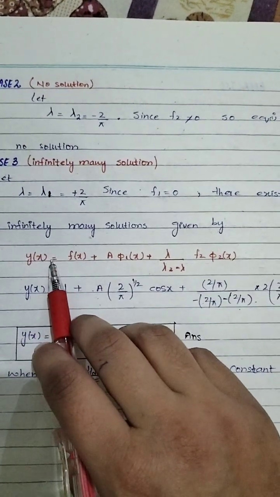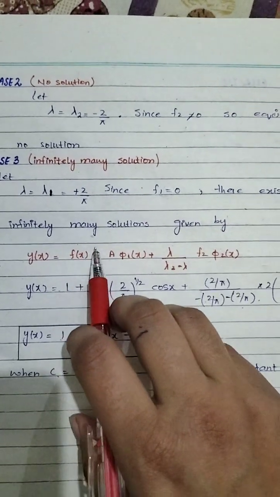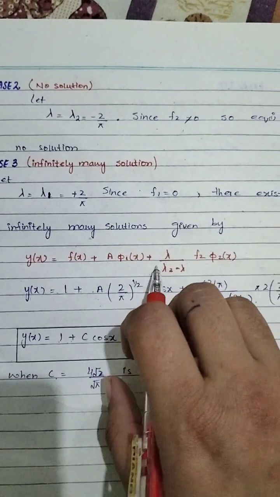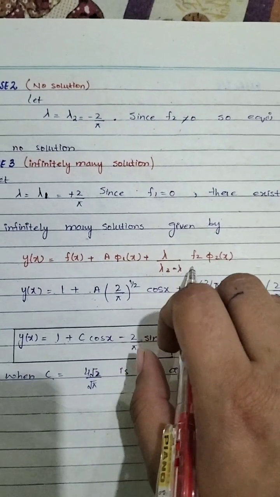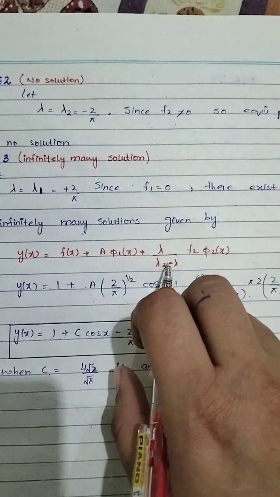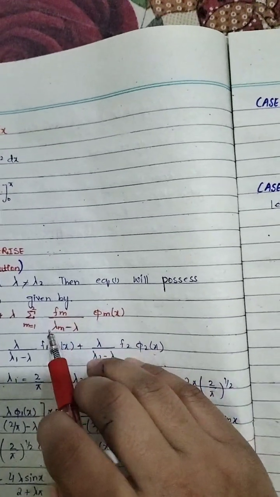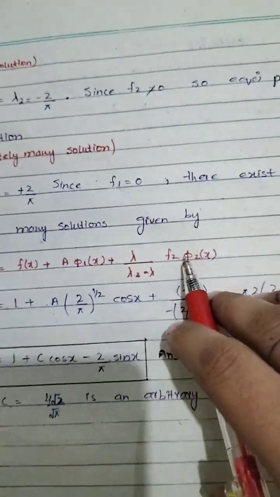For infinitely many solutions, the general equation is y of x equal to f of x plus a phi 1 of x plus the term with lambda 2 minus lambda. Because f1 is 0, the whole f1 term is 0, so we only take f2.